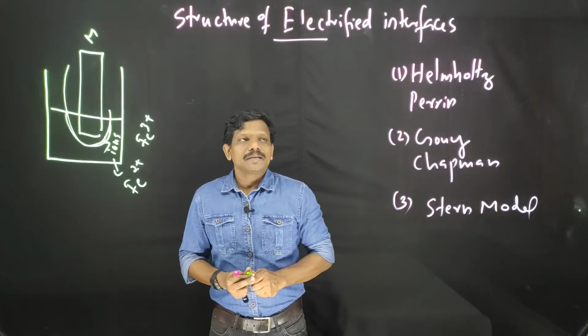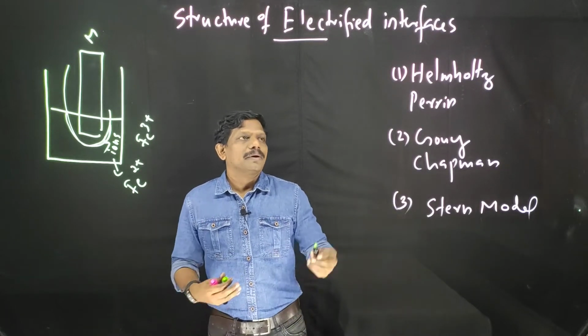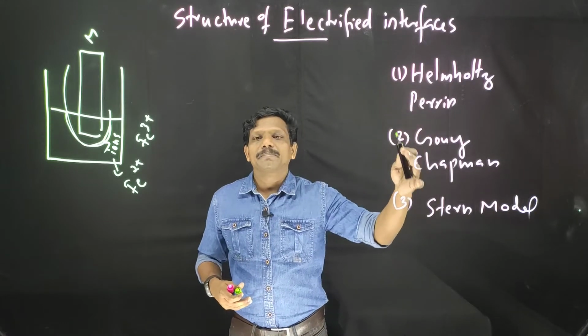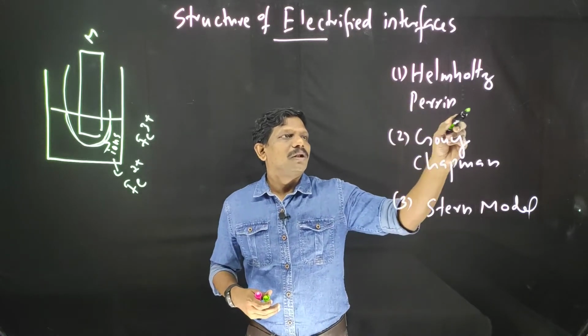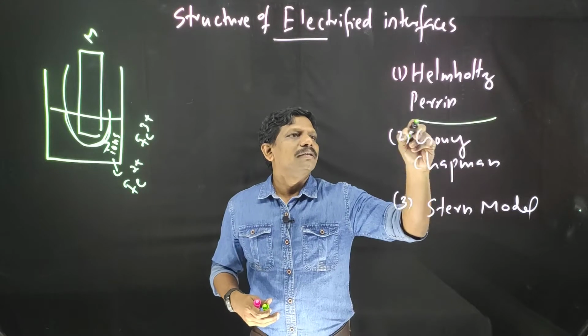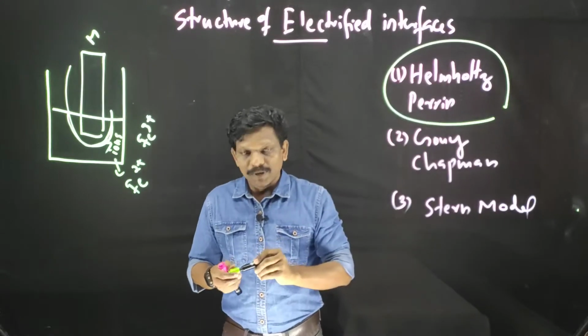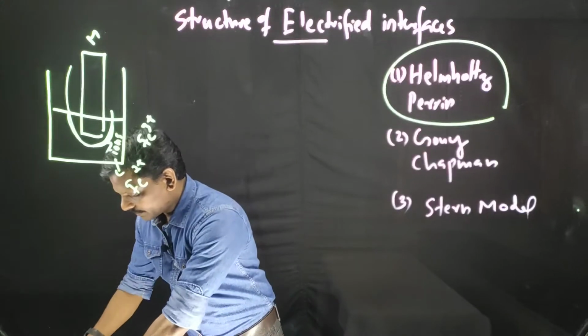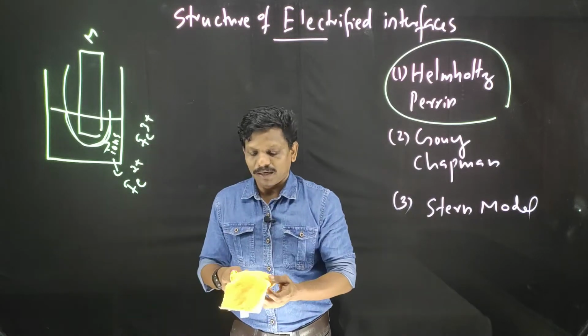So I will take them one by one: the Helmholtz-Perrin model, the Gouy-Chapman model, and the Stern model. First I will take the Helmholtz-Perrin model. What is this model?